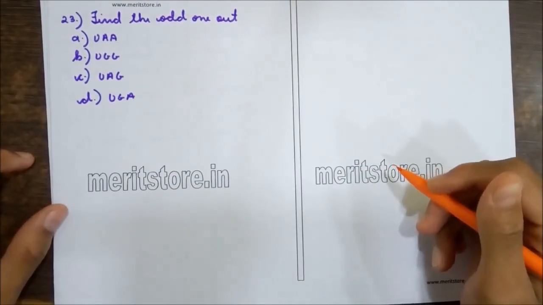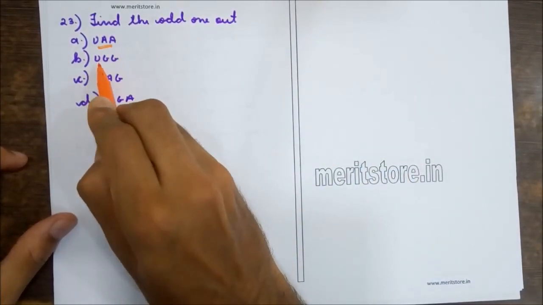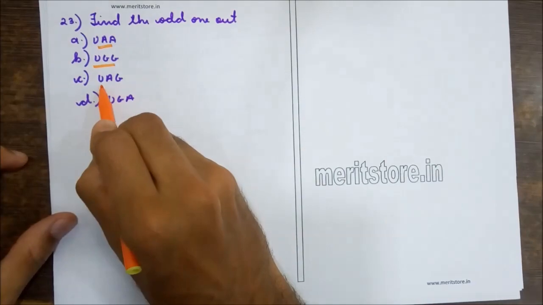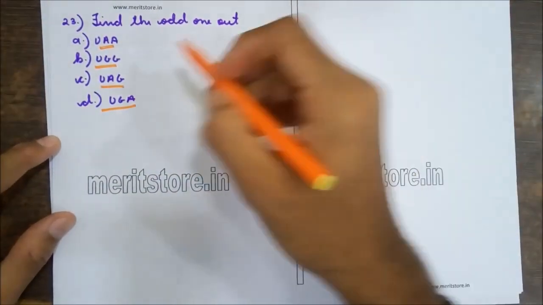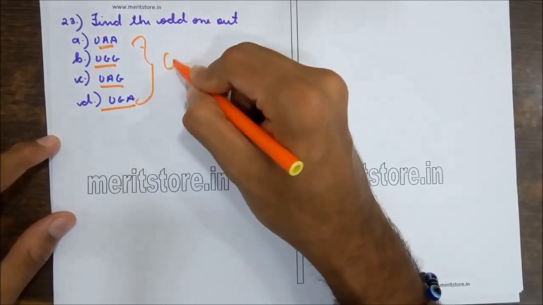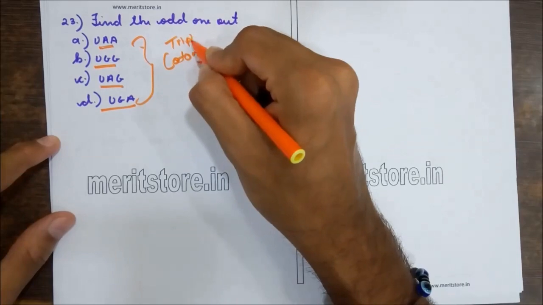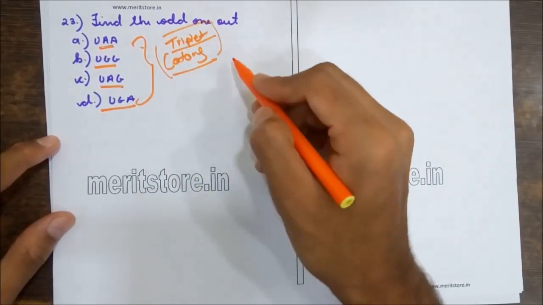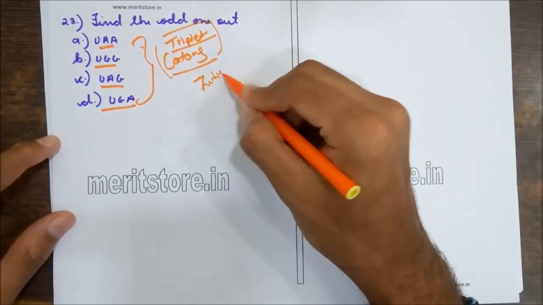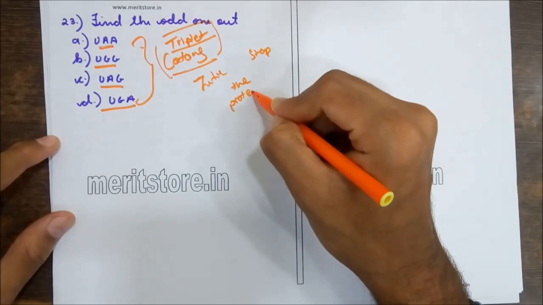Question number 23. Find the odd one out. Option A UAA, option B UGG, option C UAG, and option D UGA. First we need to understand what are these options. They are just triplet codons, which code whether to initiate or stop the protein synthesis.